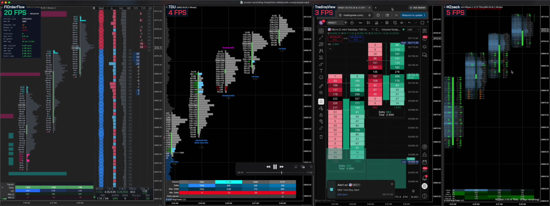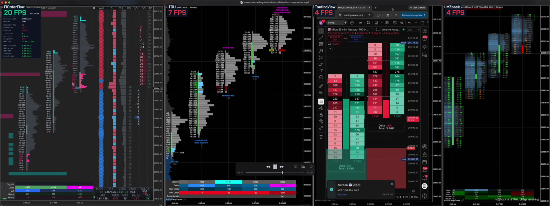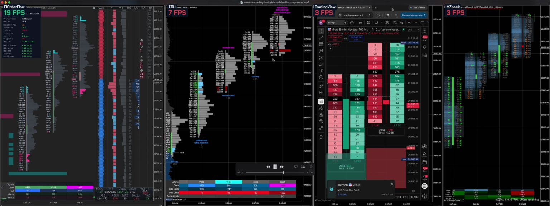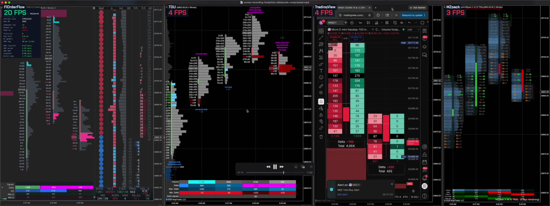Because look at some of these. Look at this rendering from MZPack, right? You have to aggregate ticks on MNQ just to even see what's going on. So that's one of the things that we wanted to do, was just make the profile render at one tick, but have it aggregated. TradeDevils, I think, is at like 3 ticks aggregated, so slightly different.